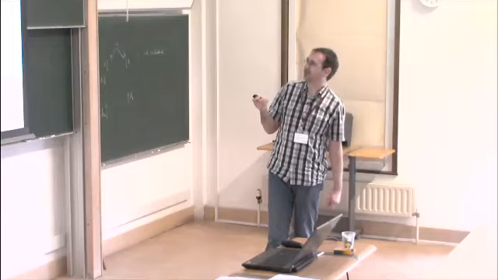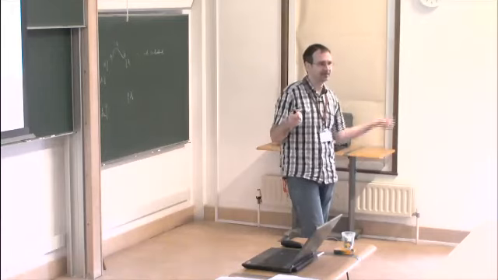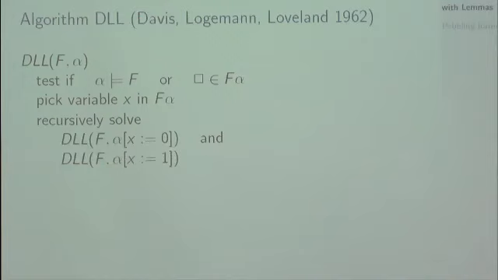Or if one of the clauses in F is already empty under alpha, then you return that it is unsatisfiable. Otherwise you pick one variable which has not been set yet and recursively solve the two cases where alpha is extended by setting x to 0 and by setting x to 1.